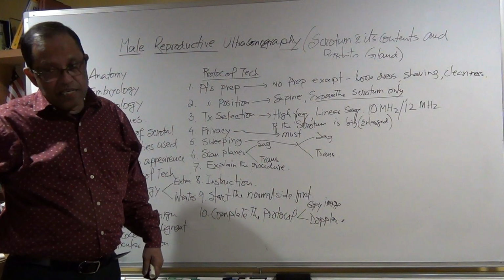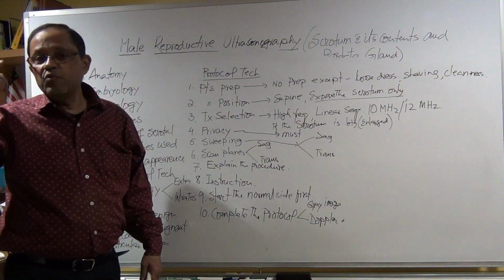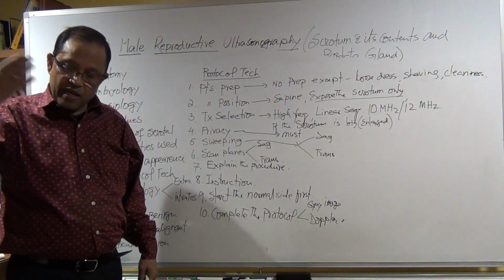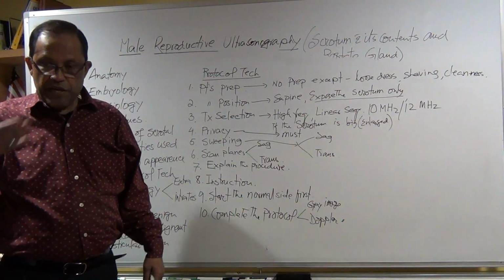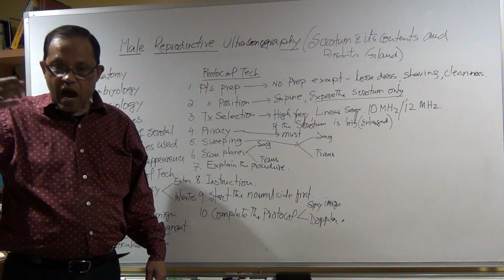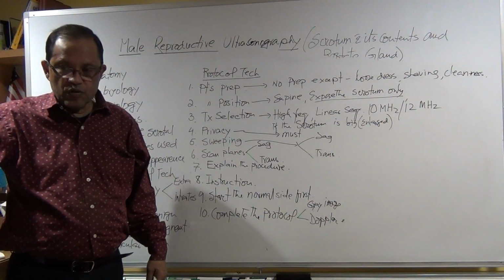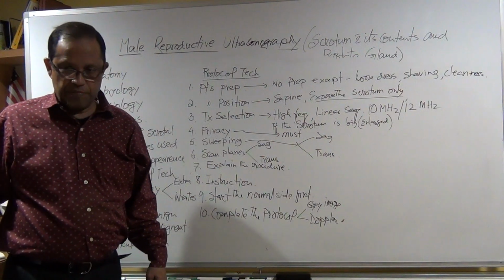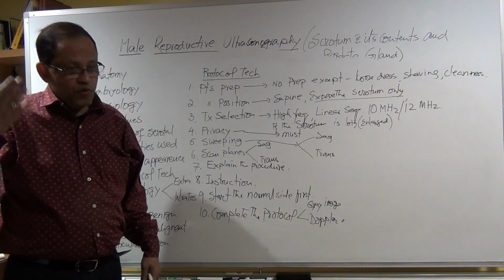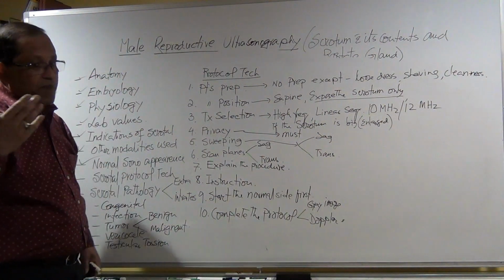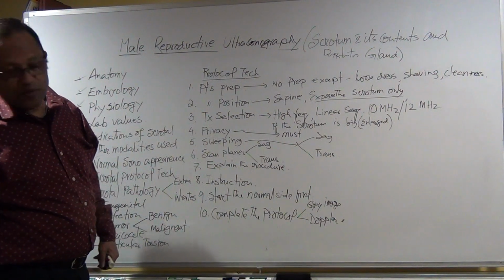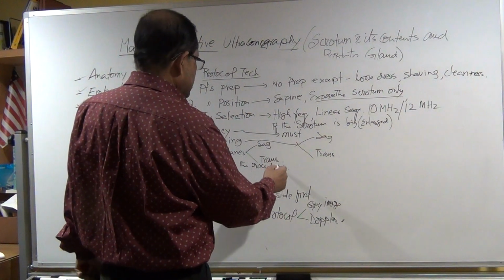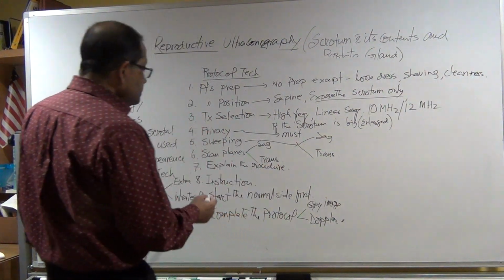But if you saw something, then your brain is smart. Your brain will make a story in your subconscious mind about how you are going to discuss or describe that thing and what it could be, right? So you will make your plan for how to complete the total protocol. Okay, scan plane, sagittal and transverse.